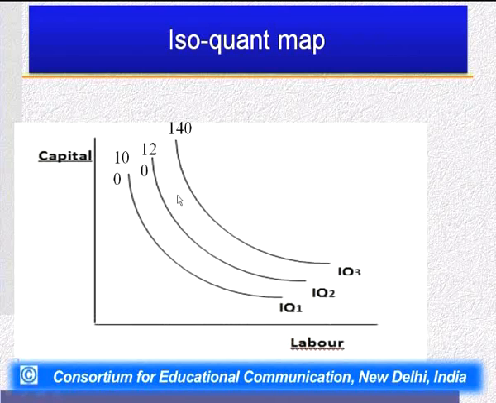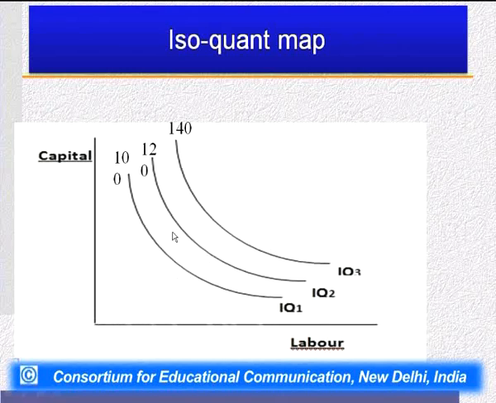You clearly answer: the curve which is higher than the other two will give the maximum output. So which curve is placed on top? That is IQ3, so the IQ3 curve will give more output in comparison to the previous ones.